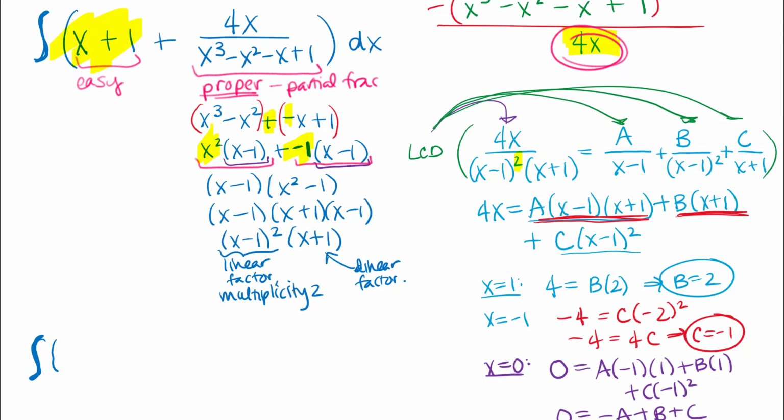Okay, so I have the integral of the x plus 1, the easy part that I don't want to forget, and then plus the partial fractions I did for the 4x over that entire denominator.